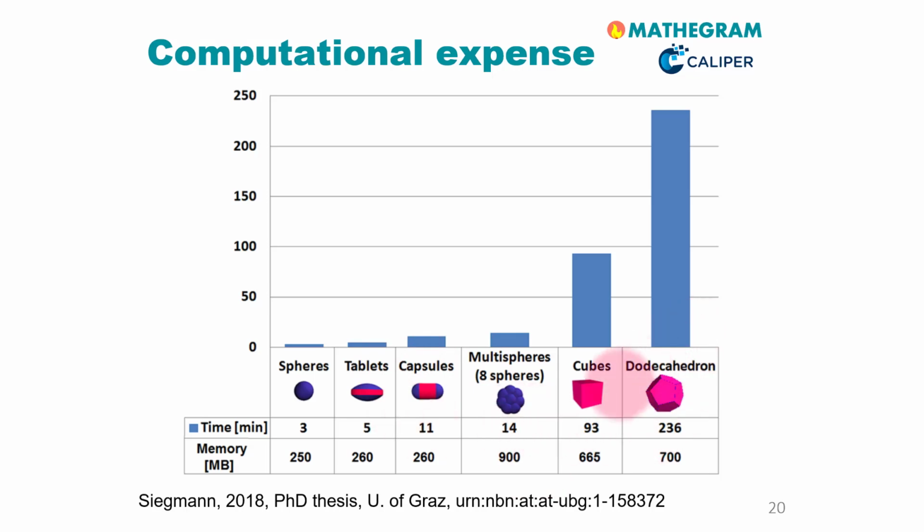The cuboidal and dodecahedron shaped particles we have not discussed. These are polyhedral particles, but you see that they can have sharp edges, and this is an advantage, at a reasonable memory demand. However, the computation time of these non-spherical particle shape approximations is typically excessive.